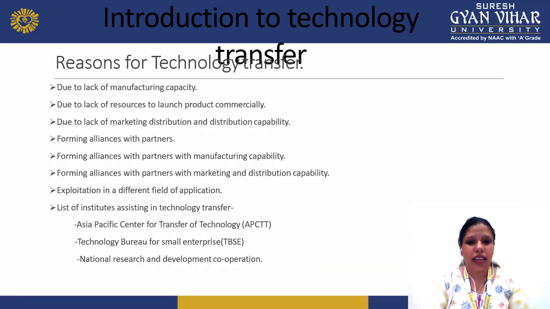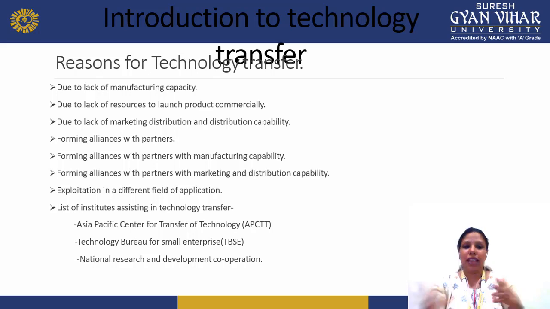Okay, so the next is forming an alliance with partners with manufacturing capacity. We have already discussed that. Now, forming an alliance with partners with marketing and distribution capability. This is again important. Similarly, as we have discussed, forming an alliance with a partner for anything related to manufacturing capability, and also related to distribution and marketing capability.